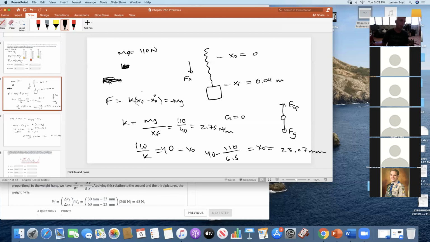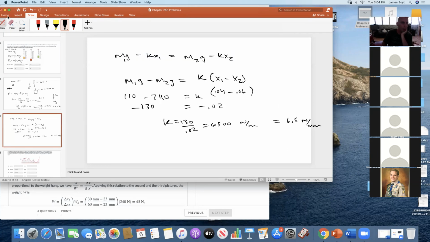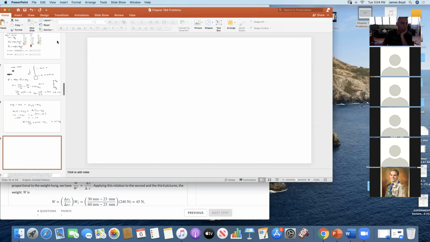Okay, once I have that, I know what x naught is. So x naught, where the equilibrium of the spring actually is from 0, is 23. Okay, so here's what I do want to show you that will make sense.